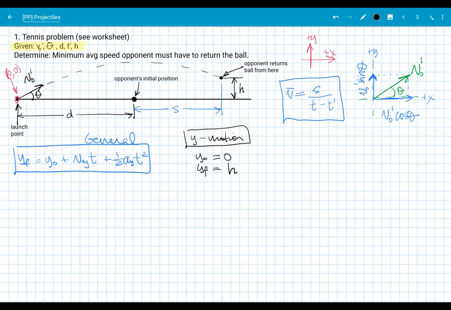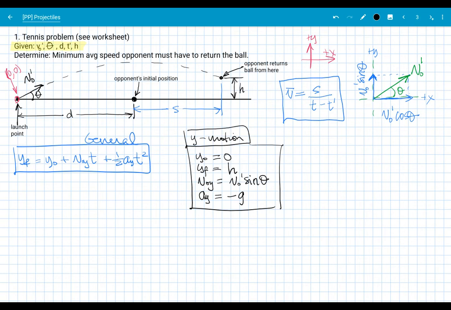That's positive since I have upward positive, and h is above the y equals 0 point. v naught y is directed upward, so that's positive. It's equal to v naught prime sine theta. And a y, the acceleration in the y, is directed downward, which is negative in the sign convention, so it's equal to negative g.